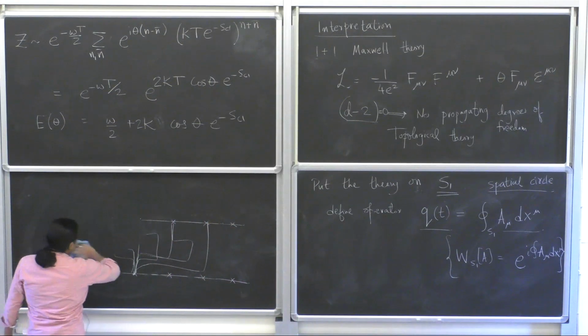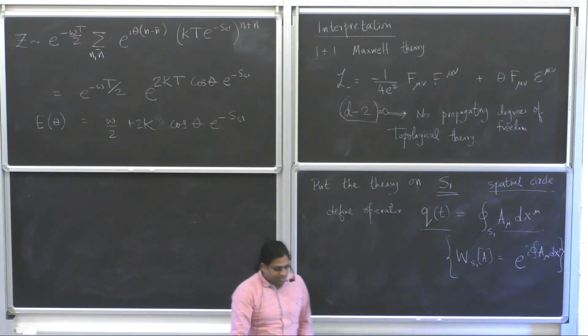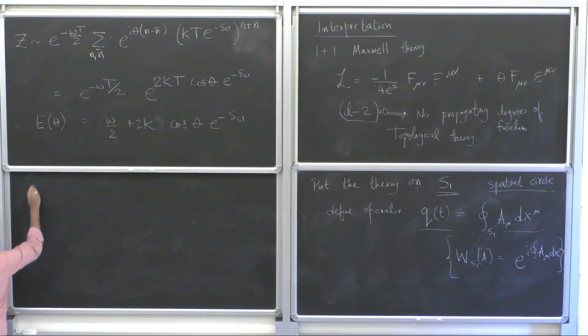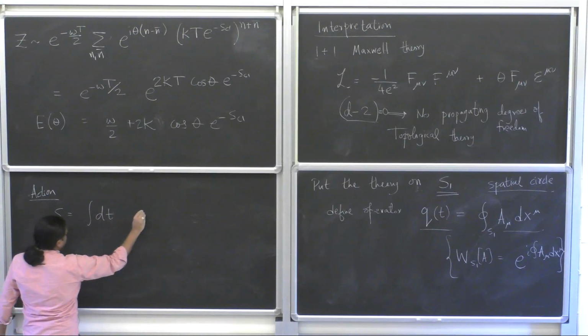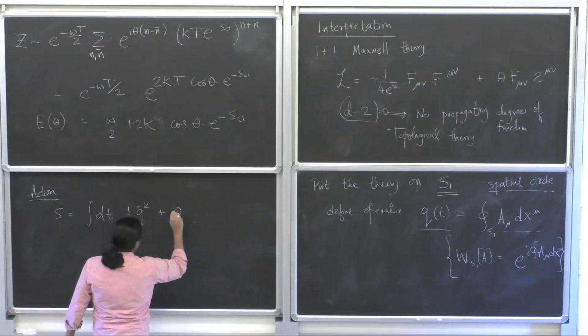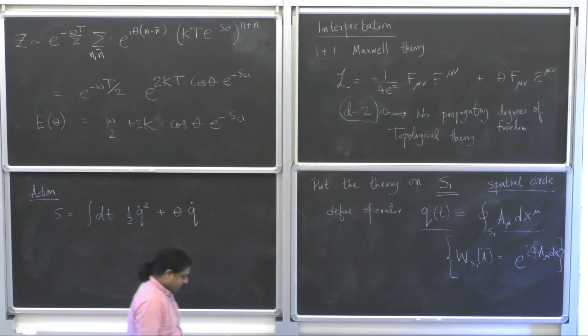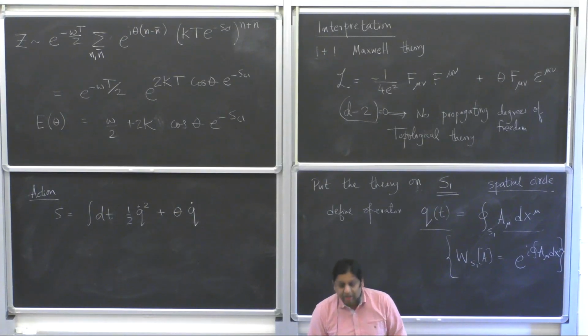So we can write the Lagrangian, or the action for Q, for example. The action for Q looks like this. This is exactly the action that we wrote down for our particle on a circle.